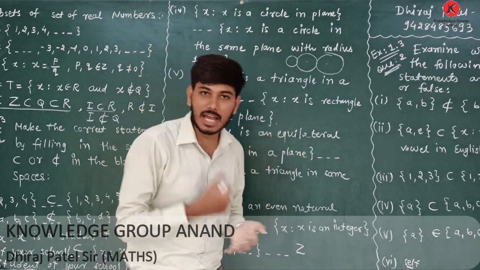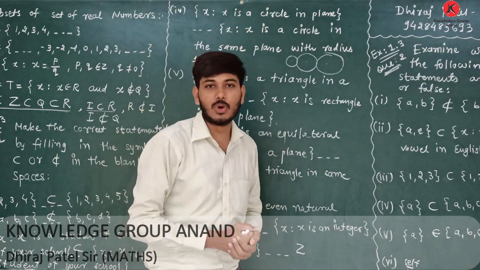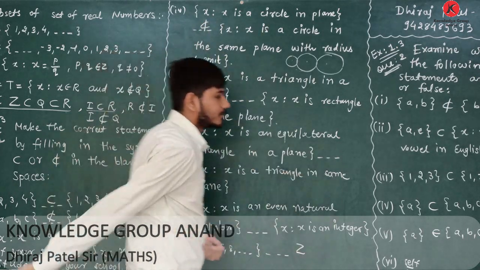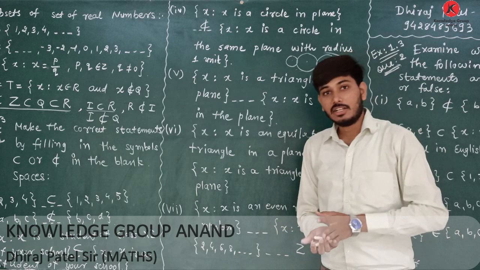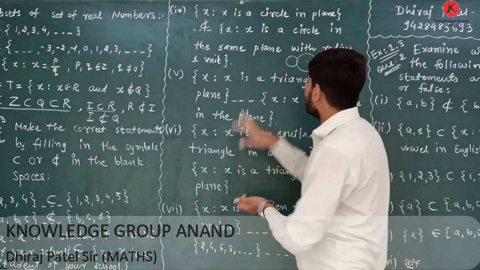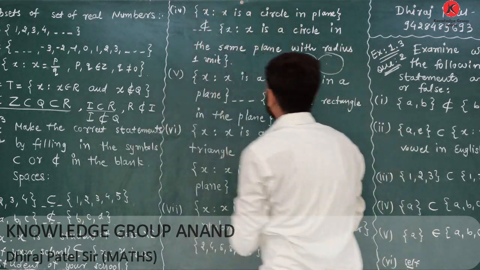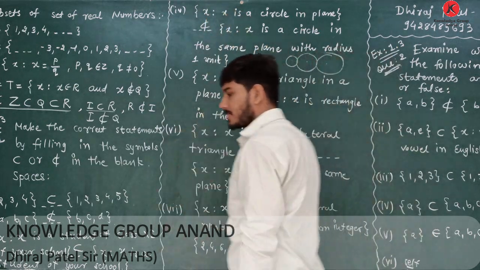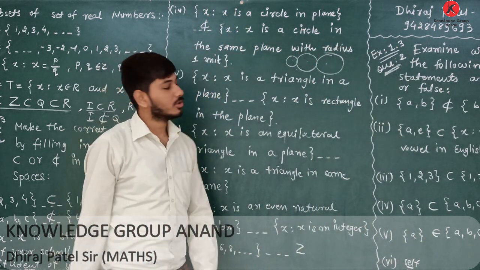Okay. Now, x is a circle in the same plane. The other circle is also in the same plane, with radius 1 unit; its radius is fixed at 1 unit. So see here, do all these circles lie in this set or not?